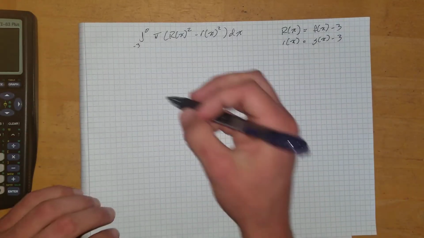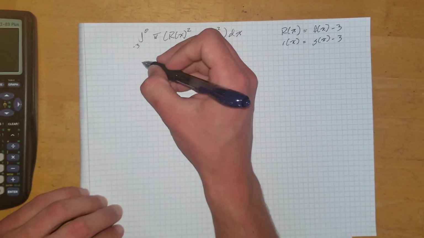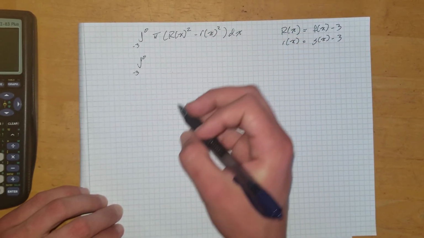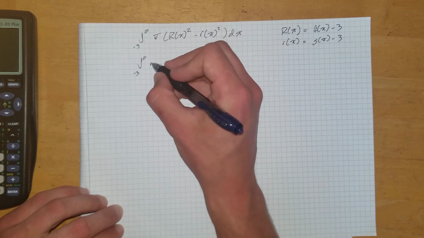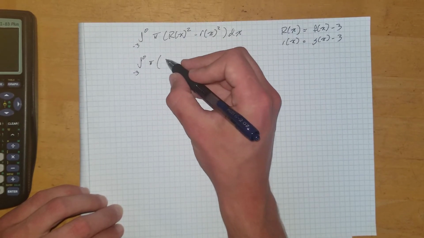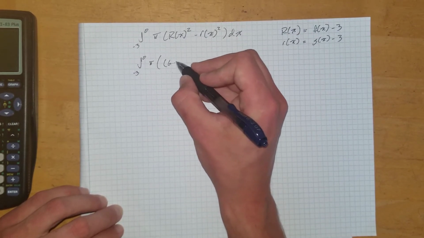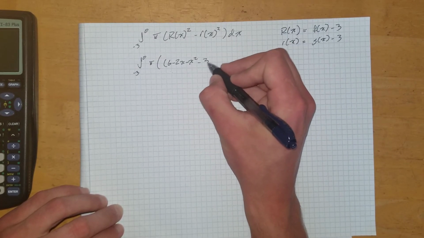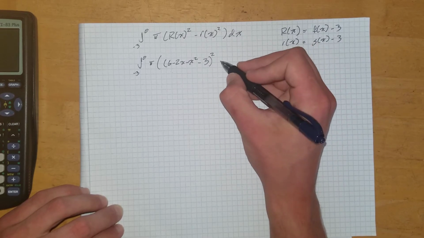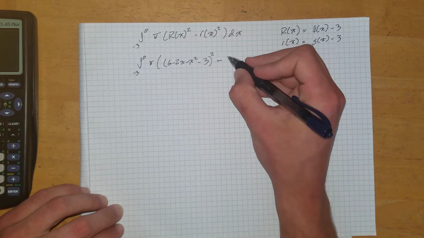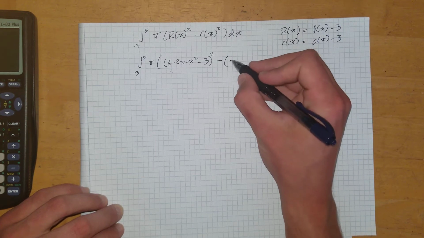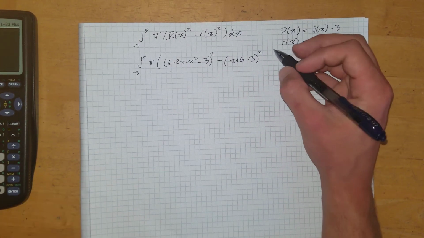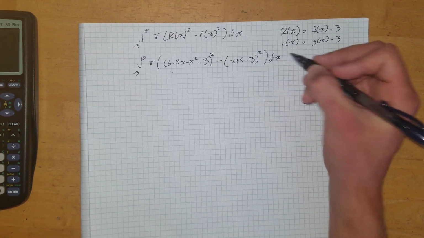And I'm going to come back up here, and we're just going to plug in our functions for big R of x and little r of x. So this is going to be 6 minus 2x minus x squared minus 3, and that's going to be squared. And then we're subtracting x plus 6 minus 3 squared dx.